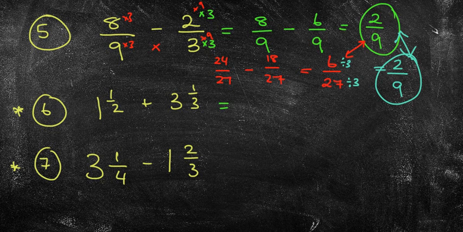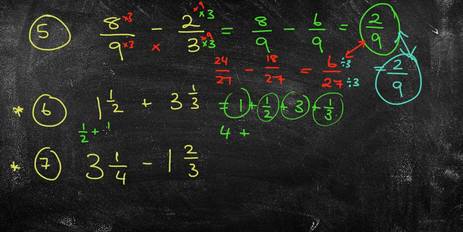Now, when you're adding, you might get away with doing this. 1 plus a half plus 3 plus a third, where 1 plus 3 is 4. And now you can convert the half and the third to one fraction on its own. So what's a half plus a third?